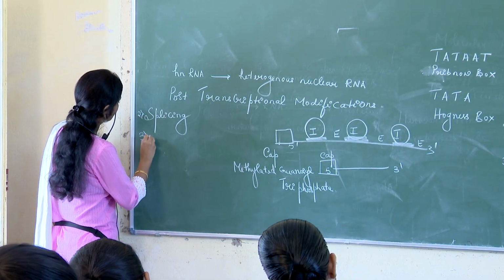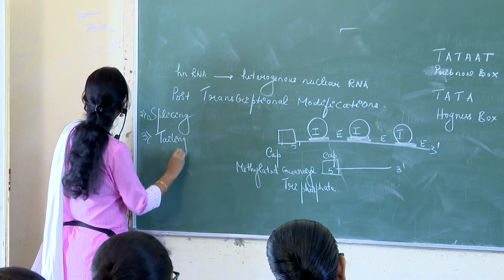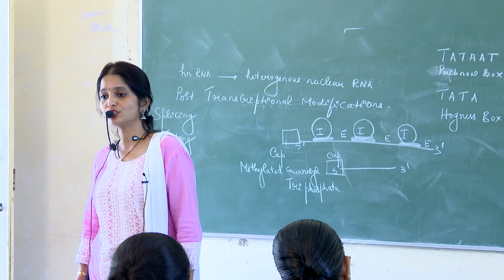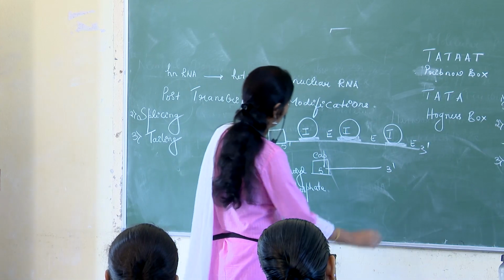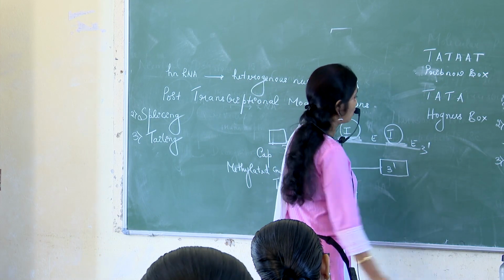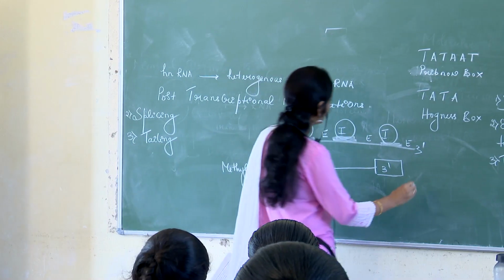The third step, this is the second step. Third step is tailing. Now what is tailing? Tailing is the process of addition of poly A tail. To which end? 3 prime end of hnRNA. Addition of what?